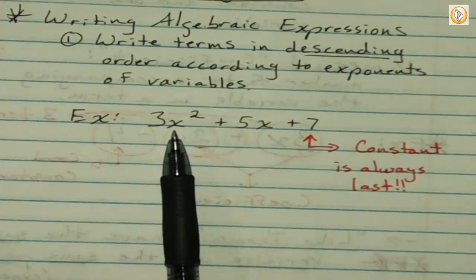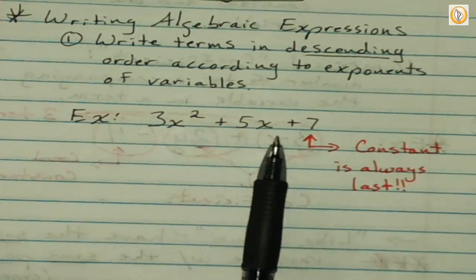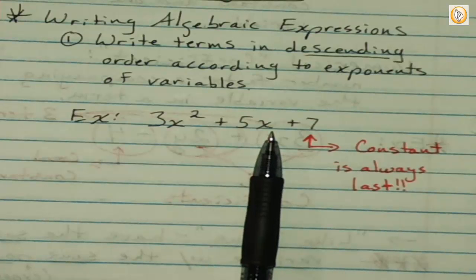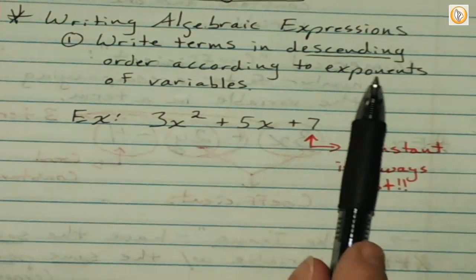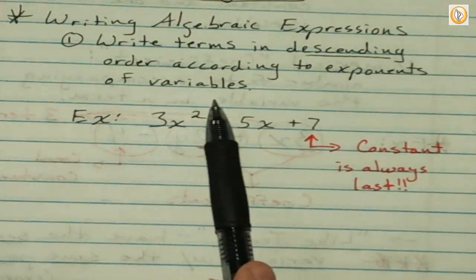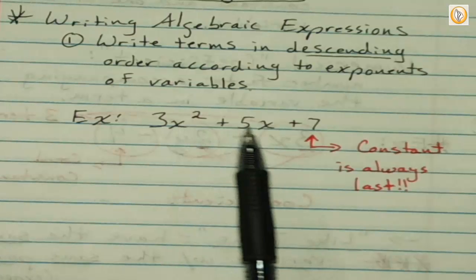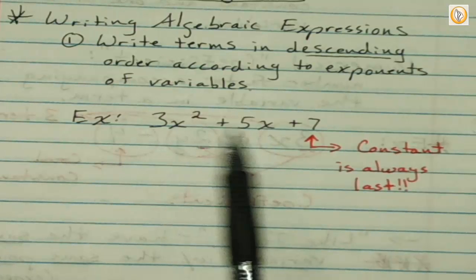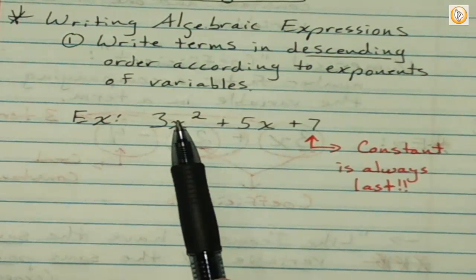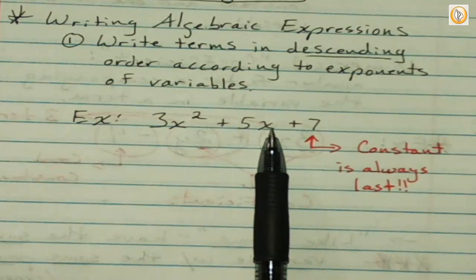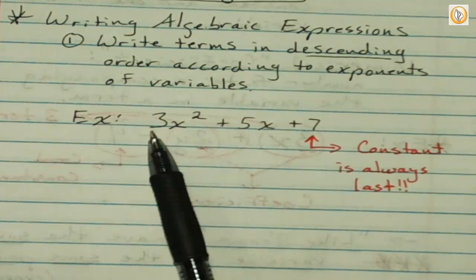Okay, so notice it says x squared is first, and then they did the x. That's what they're talking about in descending order according to the exponents of the variables. So the 3x squared and the 5x cannot be combined because this is an x squared and this is an x to the 1, so it can't be added or subtracted.